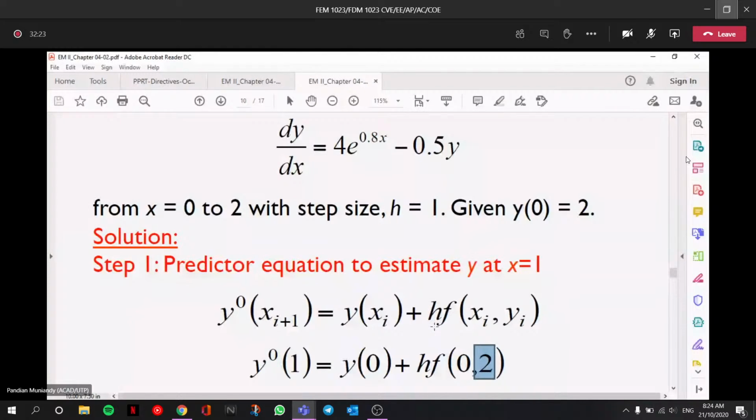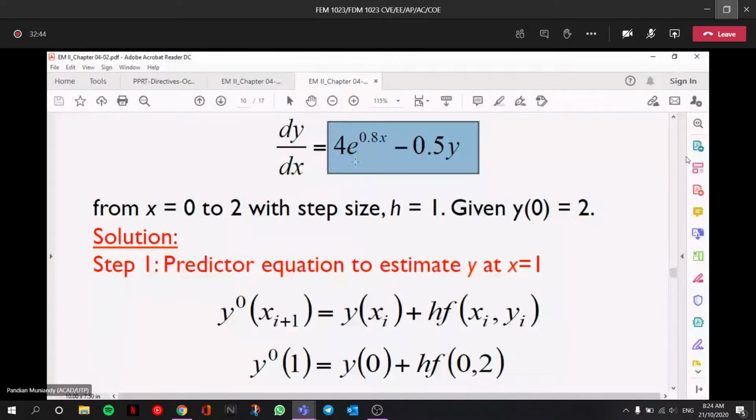So you calculate this. This is the problem. Many students ask how you calculate this. This x is 0, y is 2. From where? From the initial condition.